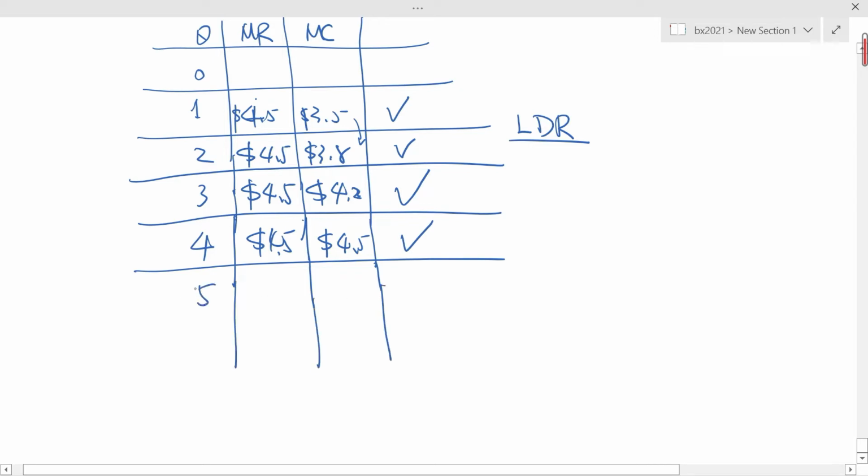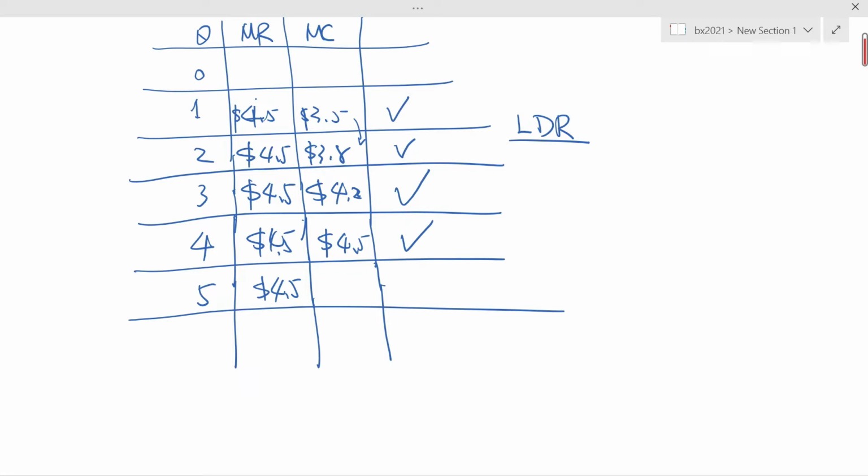What about the fifth coffee? If I produce it, I sell it in the market for extra revenue, marginal revenue, of $4.50. The extra cost now is $4.80, suppose, and it increased compared with the previous one due to the law of diminishing returns.